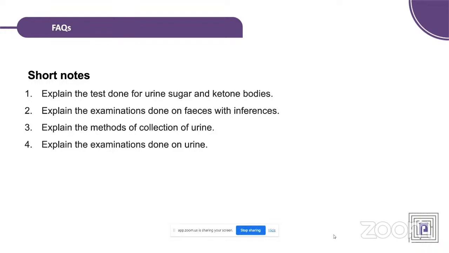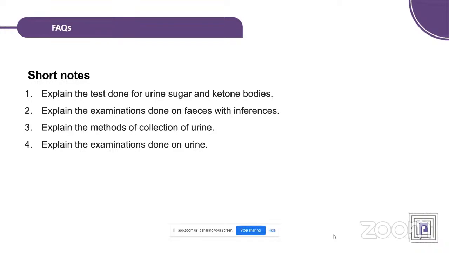Slowly the liquor ammonia is added along the side walls of the test tube. If the urine sample contains ketone bodies, there is immediate formation of a purple colored ring between the two layers. Then we say the ketone bodies are positive in the urine, and the name of the test is Rothera's test. Okay, so in this way you have to explain the test.